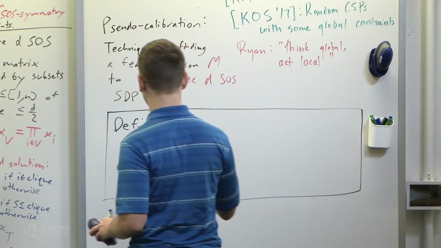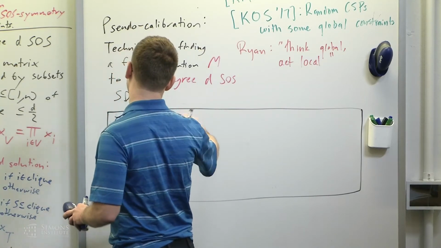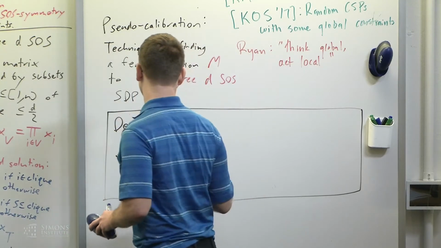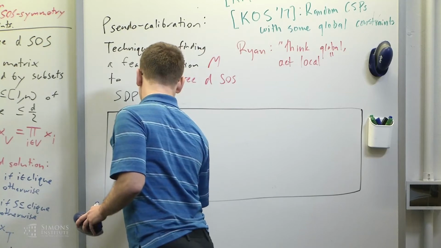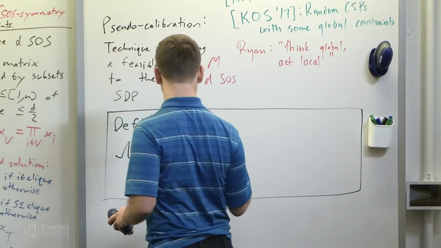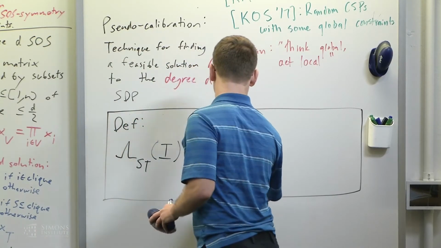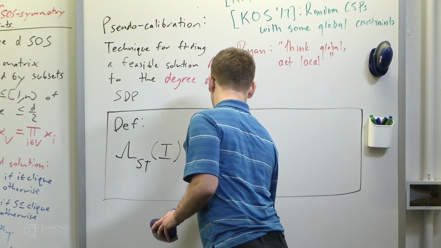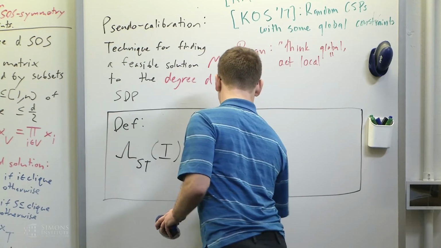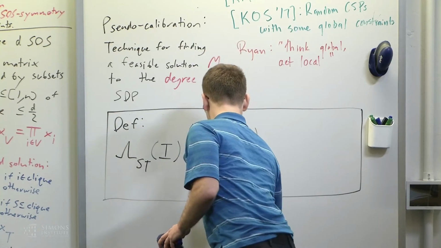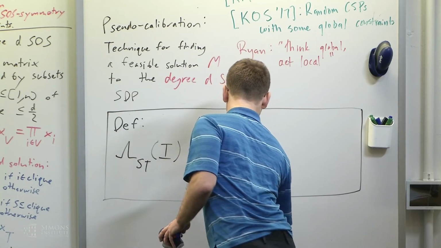So here we'll start with the following function for taking an input graph, or an input I, and obtaining a matrix. We'll define lambda ST of an input I to be the relative density of I, which is equal to the probability in the planted distribution of obtaining I, divided by the probability in the random distribution of obtaining I.